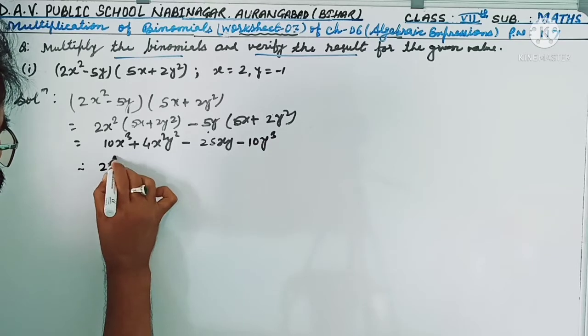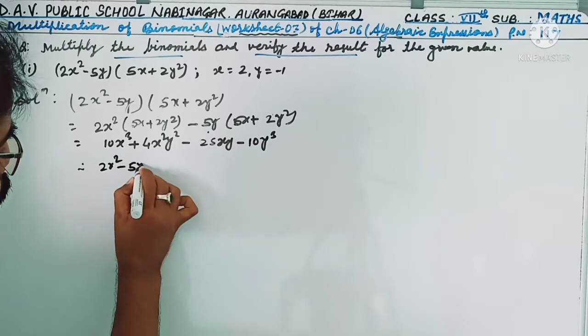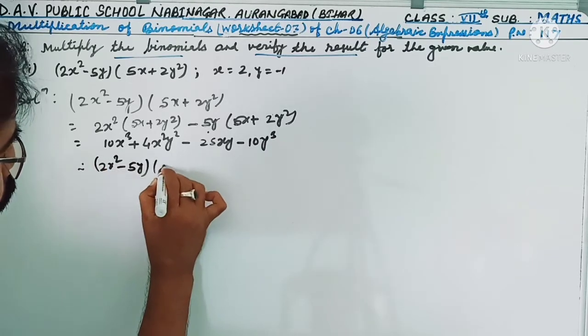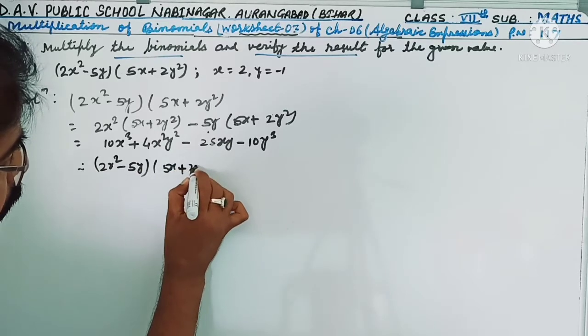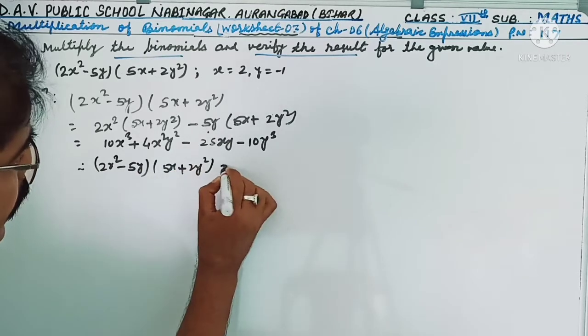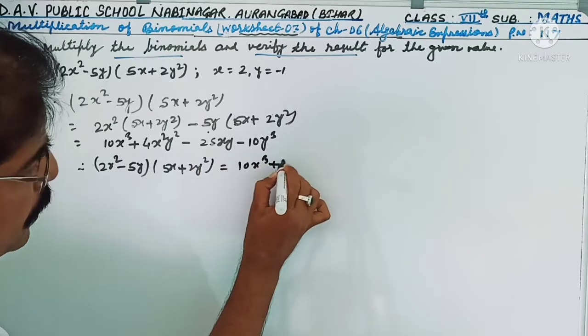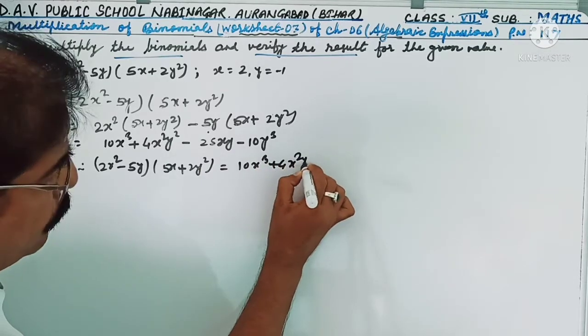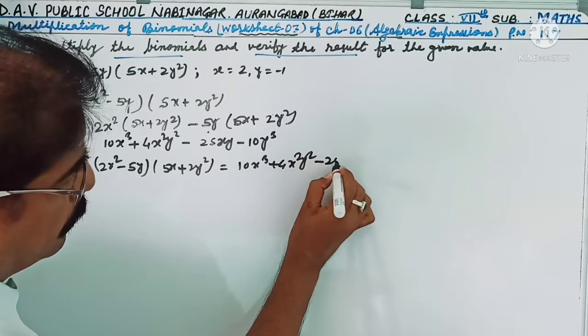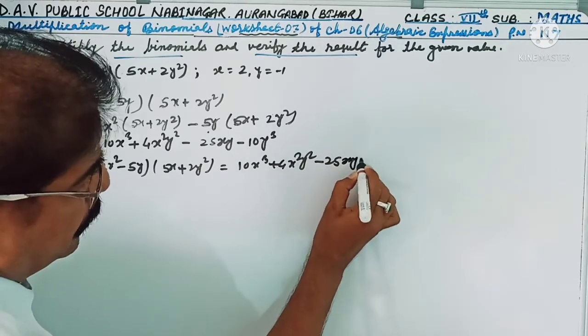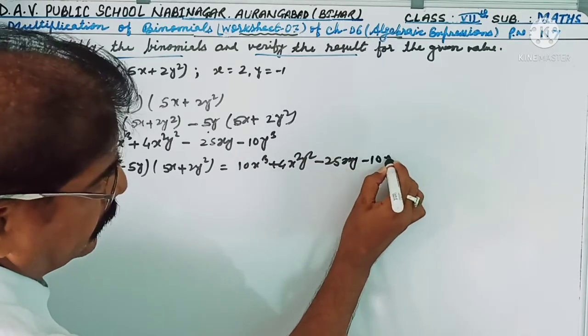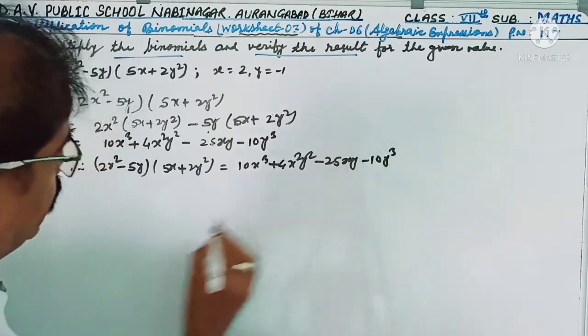Therefore (2x square minus 5y) into (5x plus 2y square) equals 10x cube plus 4x square y square minus 25xy minus 10y cube.